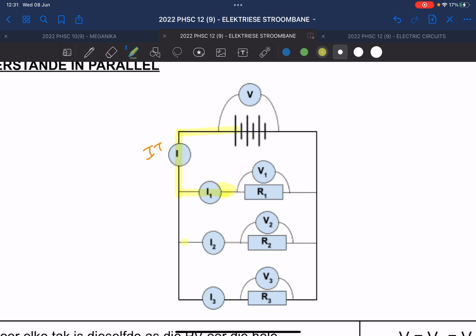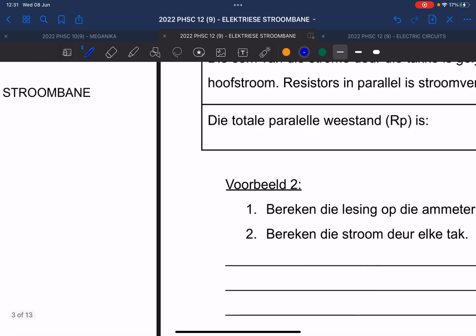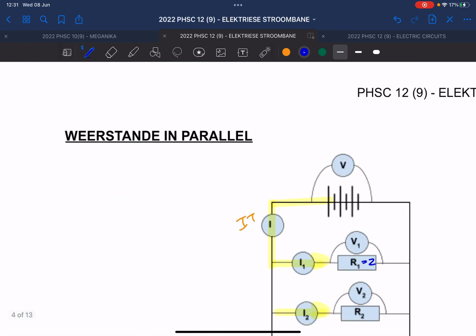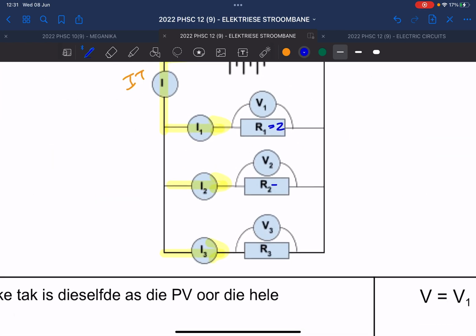Some of them go through there, some of them go through there, some of them go through there. And I'm going to take the values from the previous page, die waardes van die vorige bladsy het ons gehad. Die ene was 2, ek dink 2 en 4 en 12. Ja. 2 and then 4 and then 12.